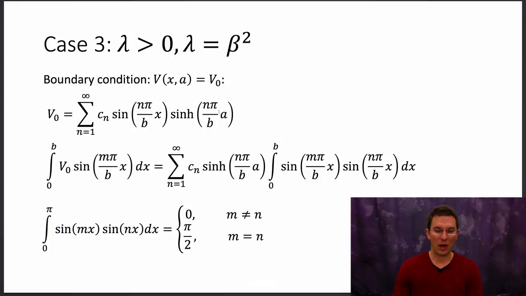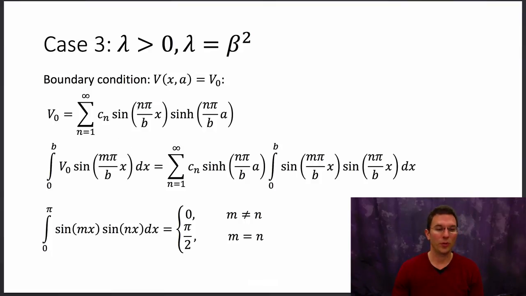You notice now y is equal to a, and we have v naught on the left-hand side. The way we solve for these c sub n's is by taking advantage of some orthogonality properties of the sine function. So we're going to multiply both sides of this equation by sine of m pi over b x, where initially m is not equal to n.